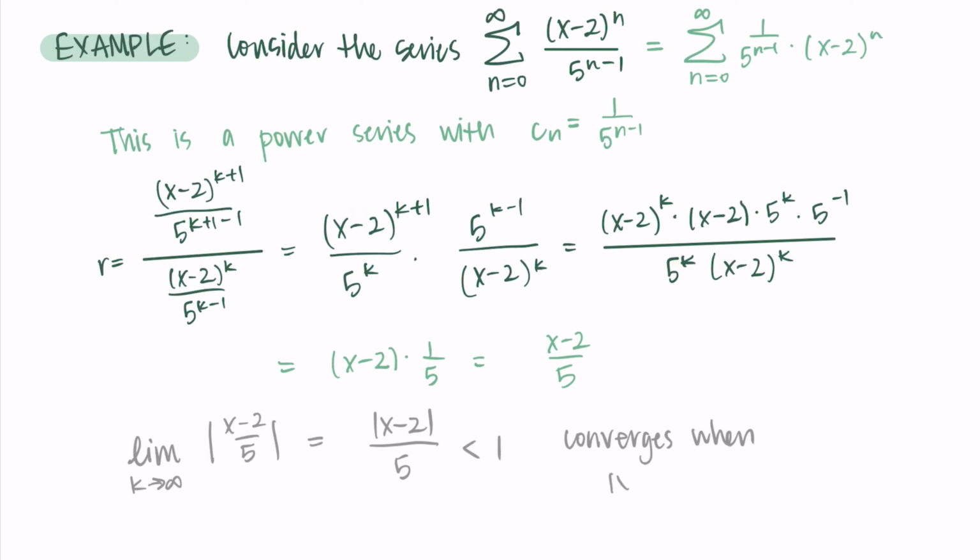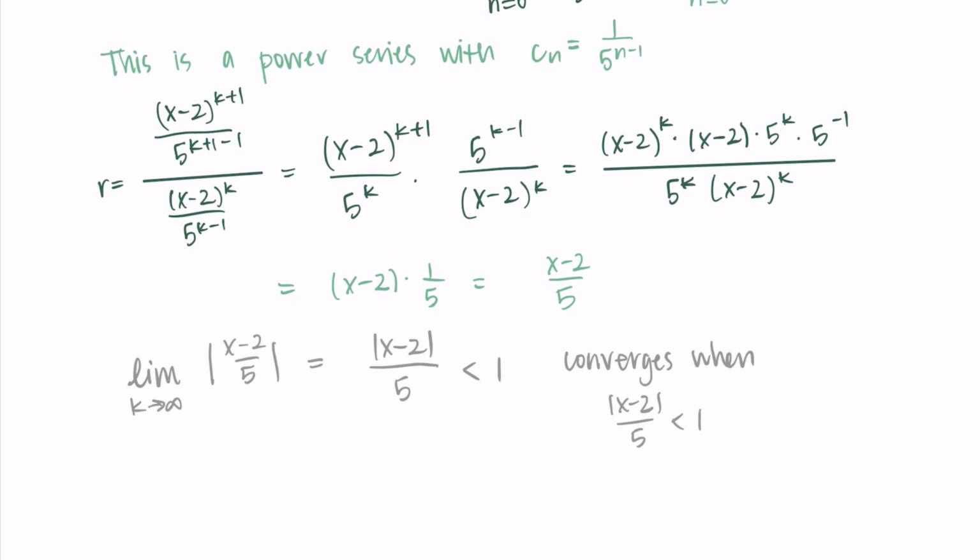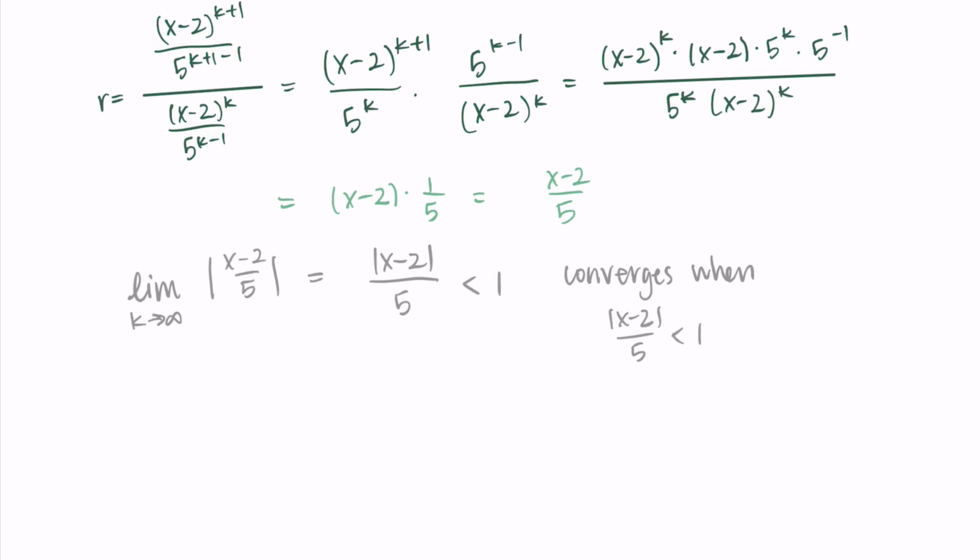And so we can conclude that this power series converges when the absolute value of (x minus 2) over 5 is less than 1. Now all we need to do is solve this inequality to determine for which values of x this is true. So to do this, I'm going to multiply the 5 over, and so I need to solve the inequality absolute value of x minus 2 is less than 5.